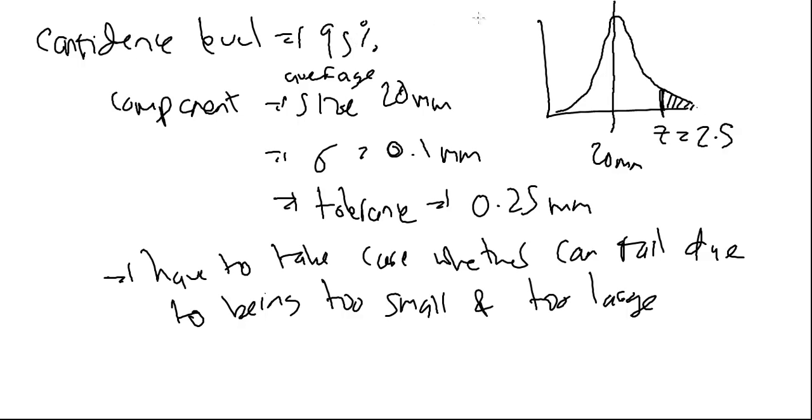Then using the tables book, you can work out, if I want a confidence level of 95%, then I want 2.5% in each tail. And so I look up in my tables book, what does Z have to be in order for the tail to be 2.5%?